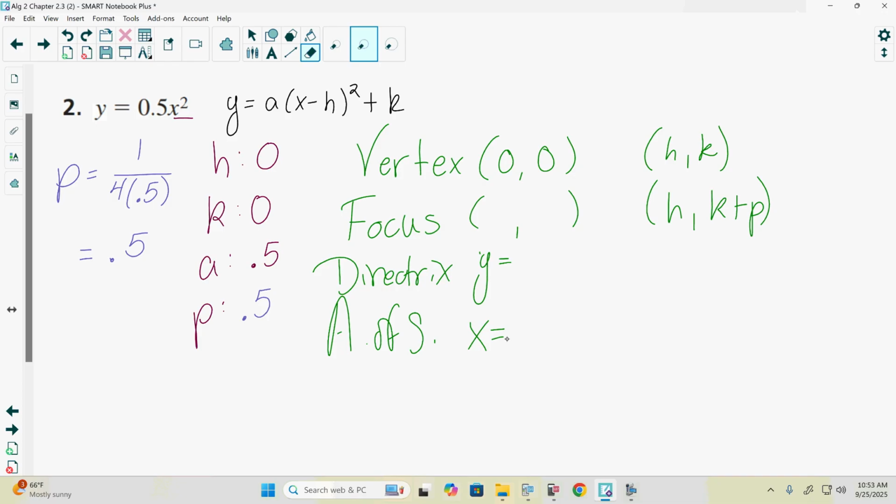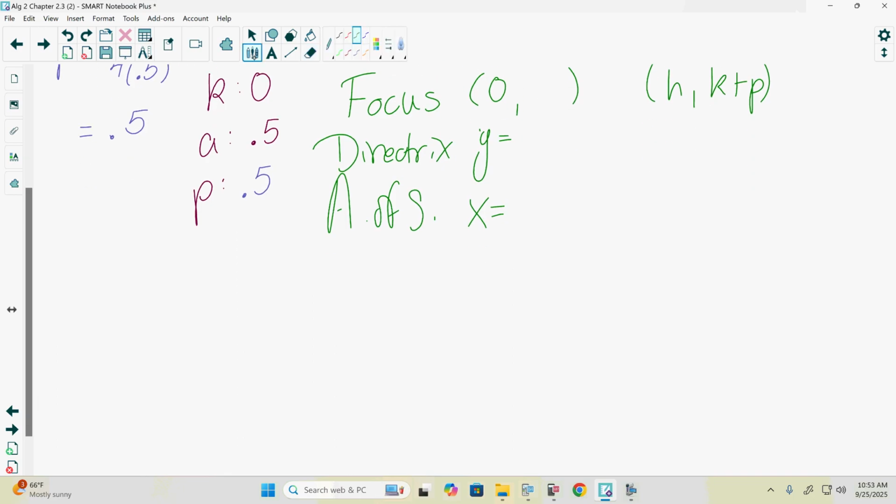Now, h is 0. Now, if we wanted to calculate k plus p, well, k is 0. p is 0.5, so 0 plus 0.5 is 0.5. So the focus is the point (0, 0.5), (0, 1/2).